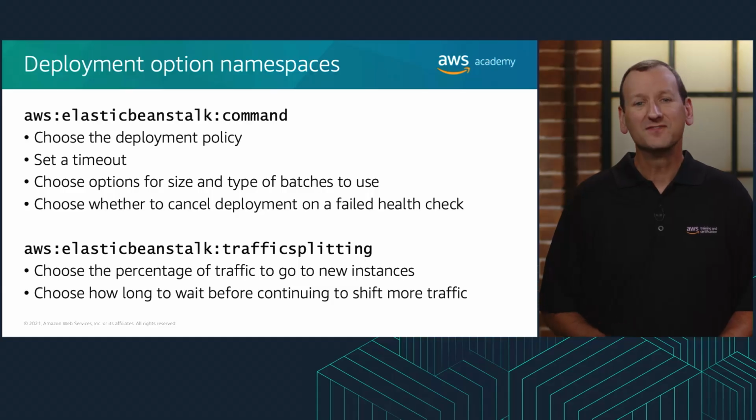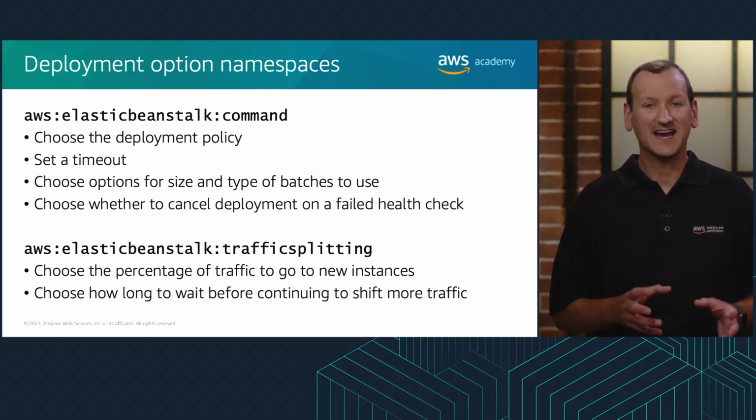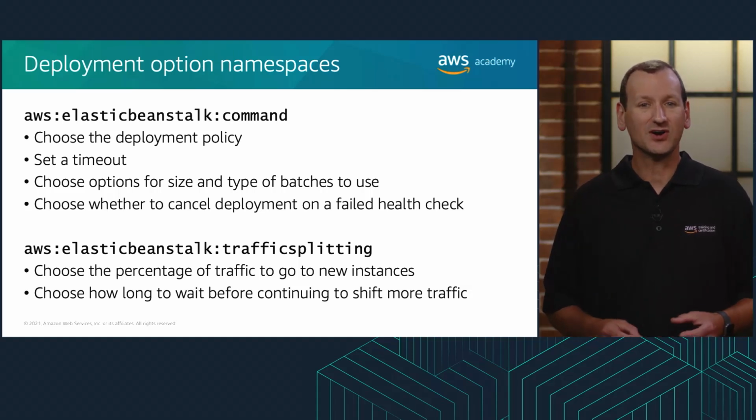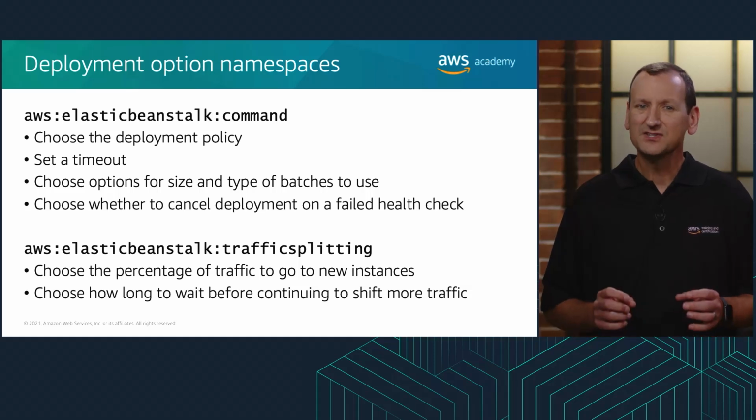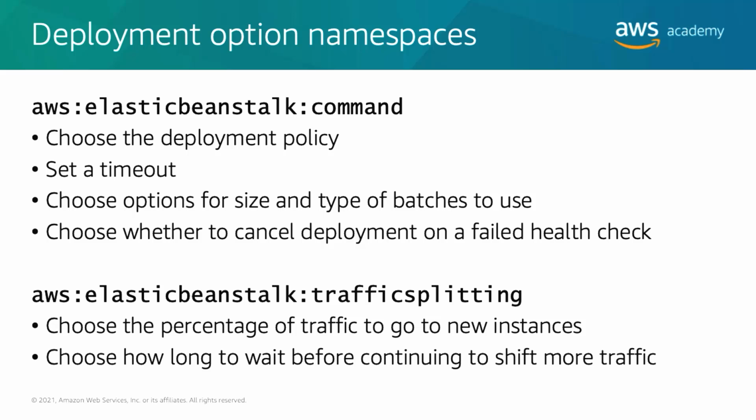Elastic Beanstalk defines a larger number of configuration options that you can use to configure your environment's behavior and the resources it contains. Configuration options are organized into namespaces. You can use the configuration options in the aws:elasticbeanstalk:command namespace to configure your deployments. If you choose the traffic splitting policy, additional options are available in the aws:elasticbeanstalk:trafficsplitting namespace.